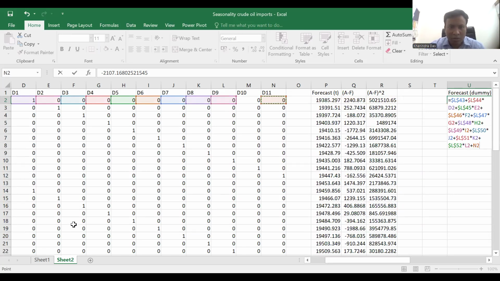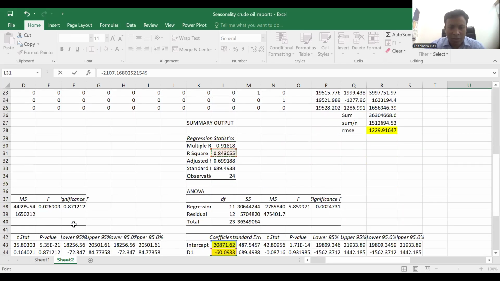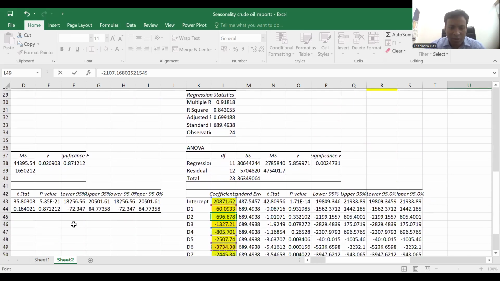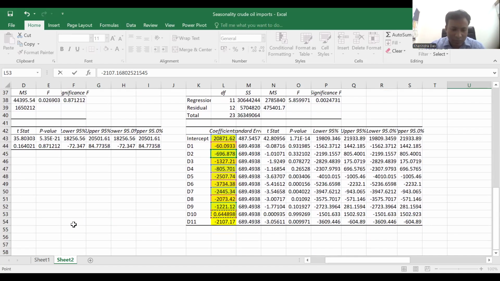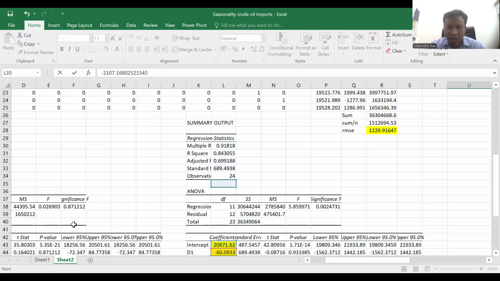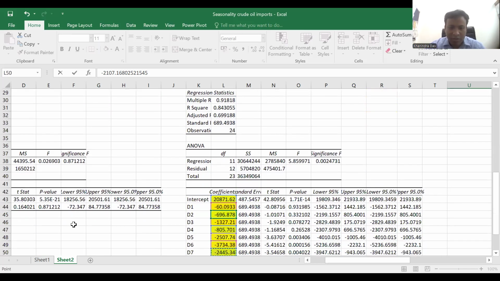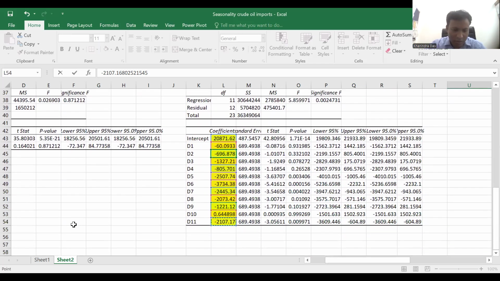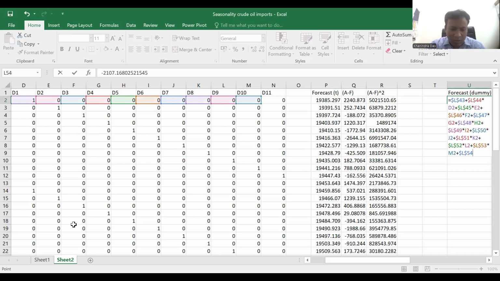Plus the D10 coefficient into the D10 value, plus the last one, the D11 coefficient into the D11 value.